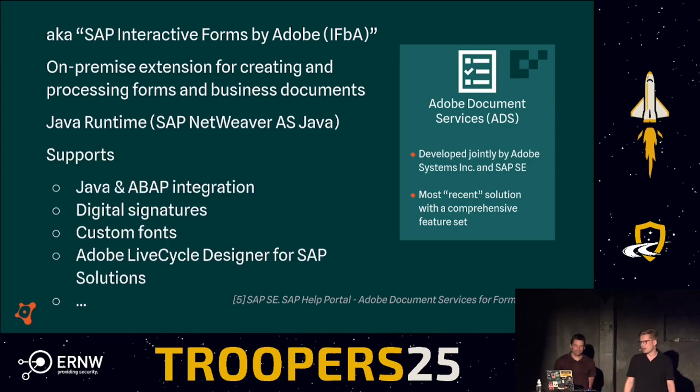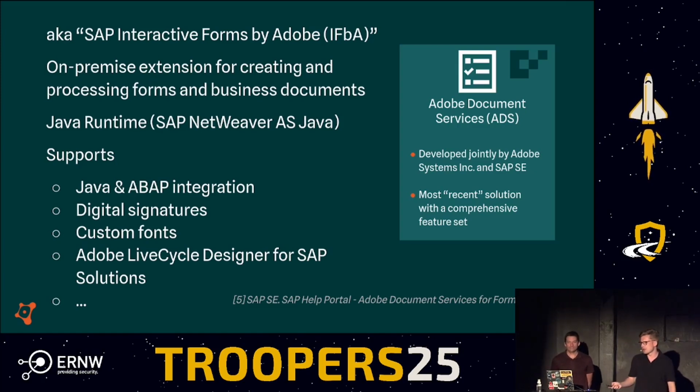ADS comes with a lot of different features. You also have security-critical features like digital signatures, for example, but that was not something we looked at during this talk. For us, the most important fact was that you can use ADS in your system landscape to integrate both Java and ABAP systems.